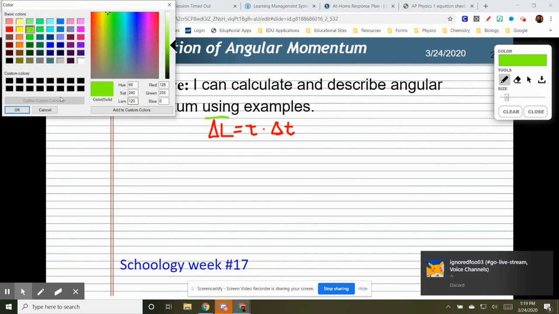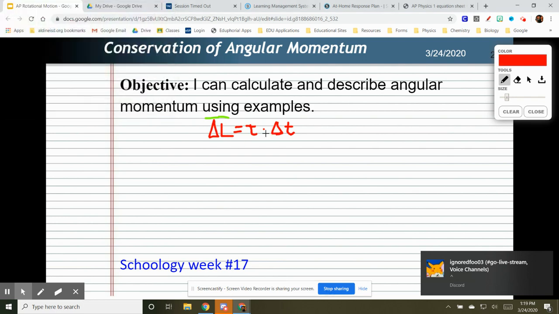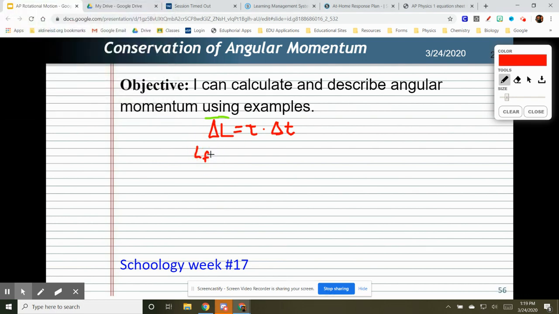So expanding change in angular momentum would be L final minus L initial, and then equals torque times delta T. Now, Gabriel, we can use L equals moment of inertia times angular velocity. And we have to be really careful here.